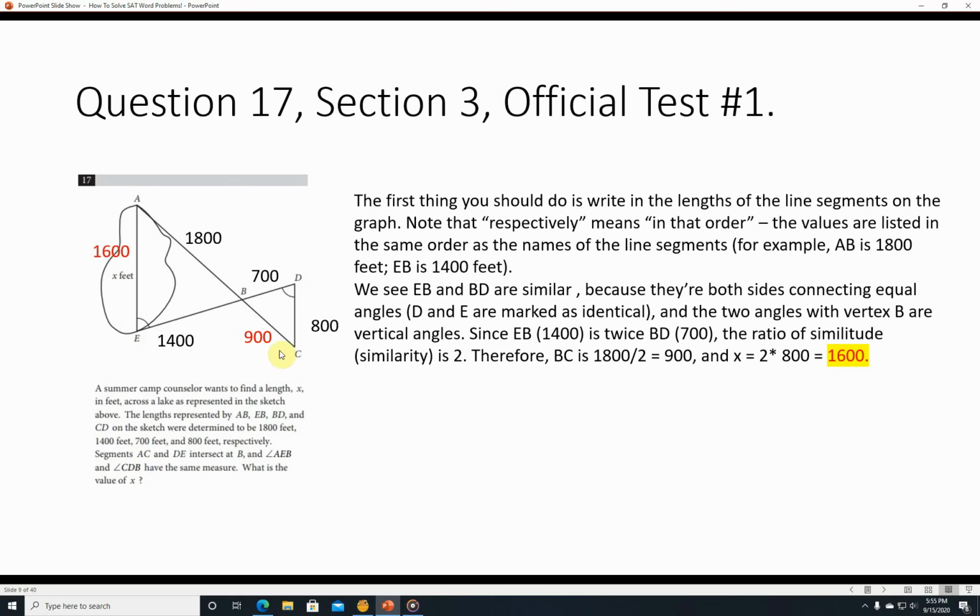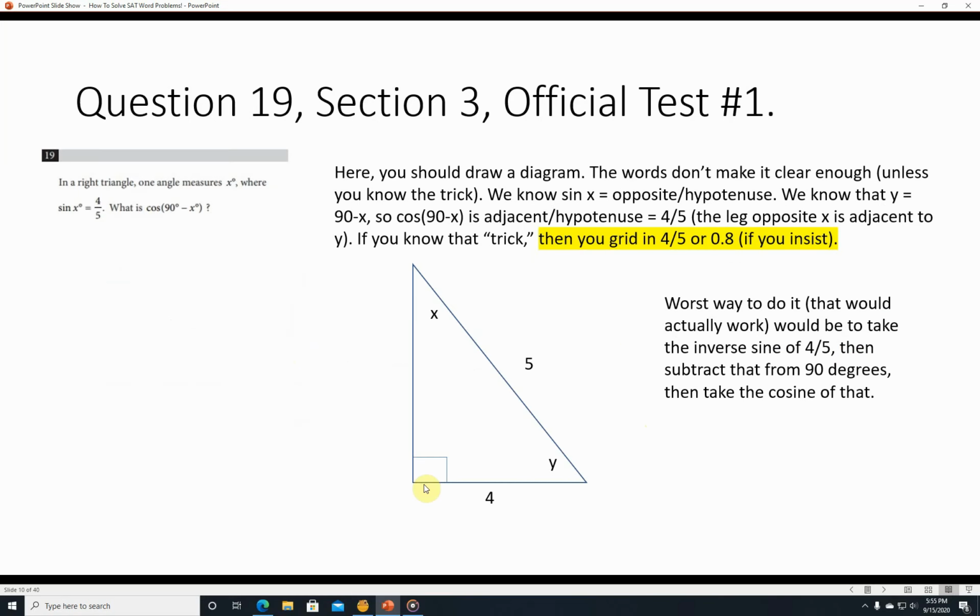Since that's 900 and this is 800 here, then AE, which is what we're trying to figure out because we know that's x feet, is going to be 1600, and the answer is 1600, and you can grid that in.